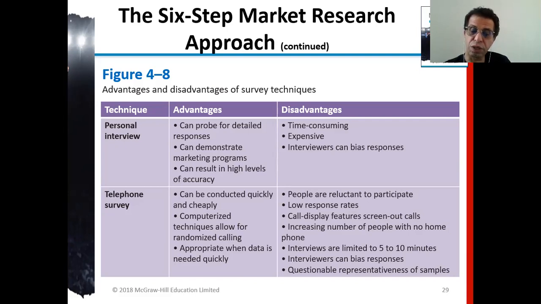And once again, interviewers can get biased responses. So someone says yes to everything just to get rid of you. Could be like that. And there's questionable representativeness of samples. Who is answering the phones behind these?